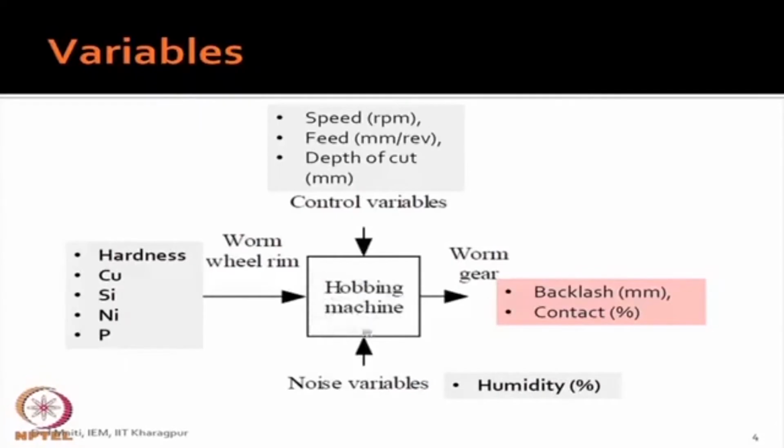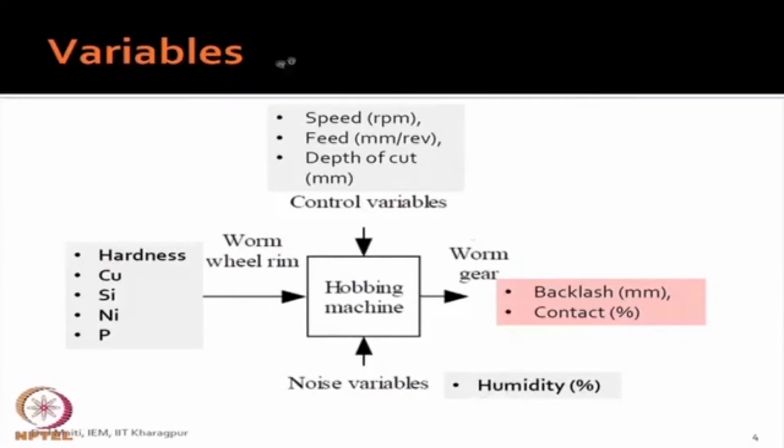So it has certain process parameters: speed in RPM, feed in millimeter per revolution, depth of cut in millimeter. These are the variables which can be controlled by the operators. Then there are noise variables, for example humidity percentage and also ambient temperature.